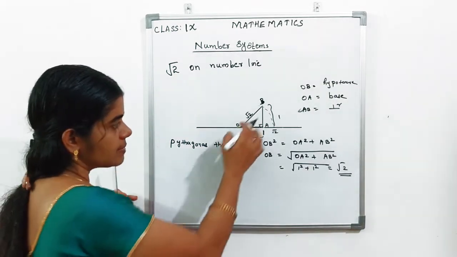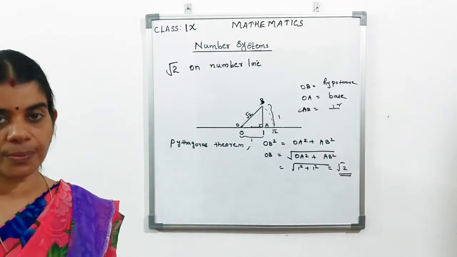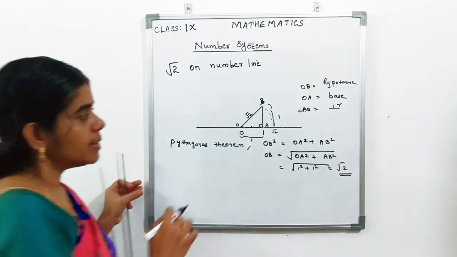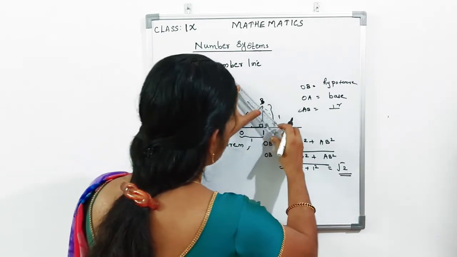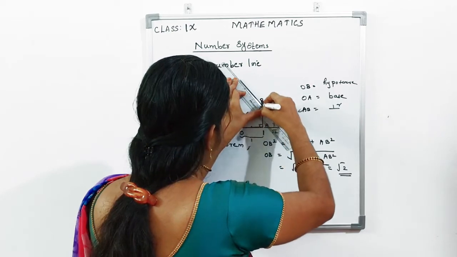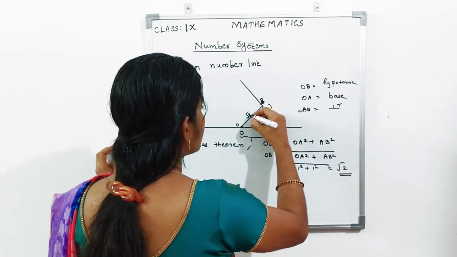Then next you want to mark root 3. For drawing root 3, first you want to draw root 2. I already told you all the steps. Then from B, you want to draw a 90 degree line. Keep the protractor there and draw one more line. First, this will be our root 2.